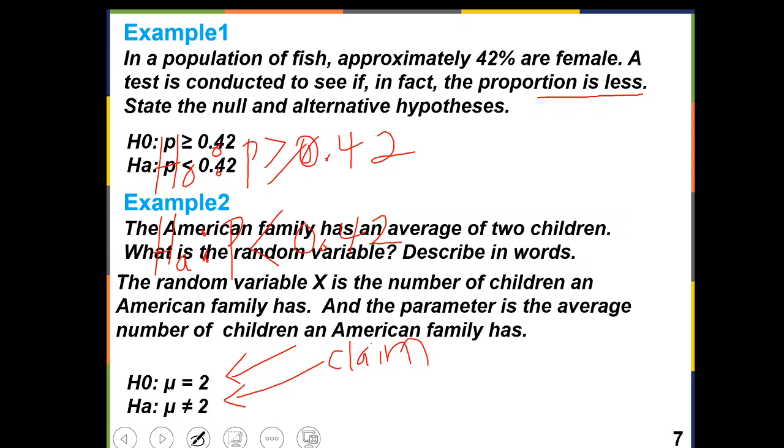If that's the claim, then we always either reject the null hypothesis or fail to reject it. If we reject the null hypothesis, then we are supporting that. If we fail to reject the null hypothesis, then we are supporting whatever is here, right? And we're going to talk about this a little bit more later.